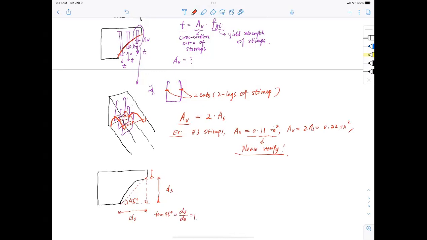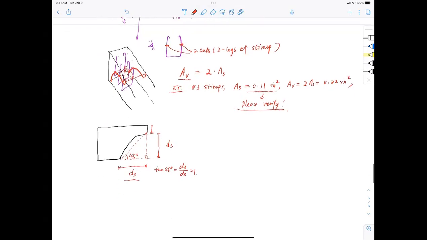So that means I have a crack length, and this is very important, folks, the theoretical crack length. And when I say crack, it's really a diagonal crack.